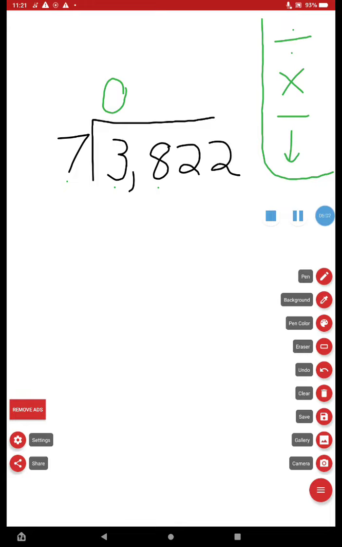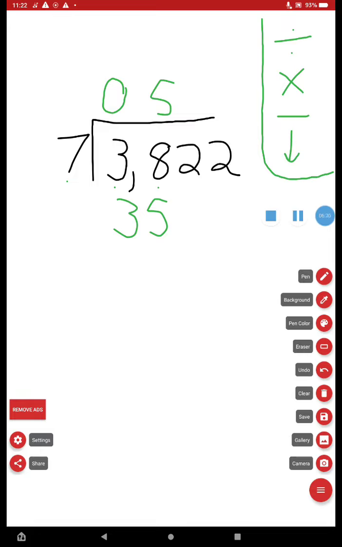I have to ask myself, what's 38 divided by 7? When you're looking at your chart, you might see that there is no 38 in the sevens column, but there is a 35. Let's put that down there. 7 times what equals 35? Well, 7 times 5 equals 35. So I just did the divide. 38 divided by 7 is 5.